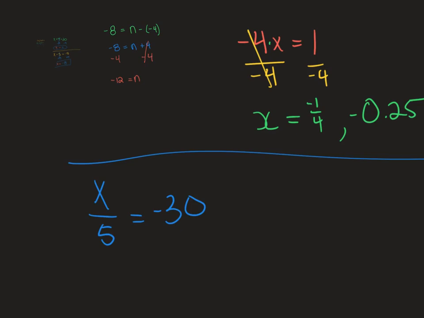On this problem, we have division, so we're going to multiply both sides by 5 to get that x by itself. So we'll have x equals, we have a negative times a positive is going to be a negative, and 30 times 5 is 150. So our solution here would be x is equal to negative 150.